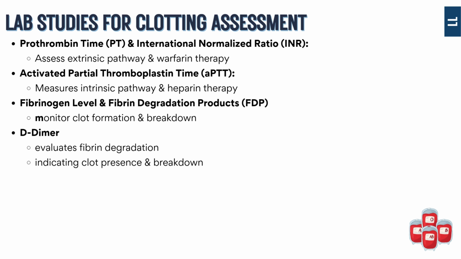INR standardizes the PT results regardless of laboratory variability, because different labs have different ranges and test differently, so there is no universal PT range. The INR is what standardizes it so that we can make judgments and decisions on treatment from it.